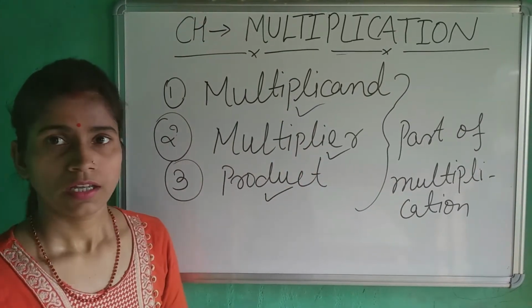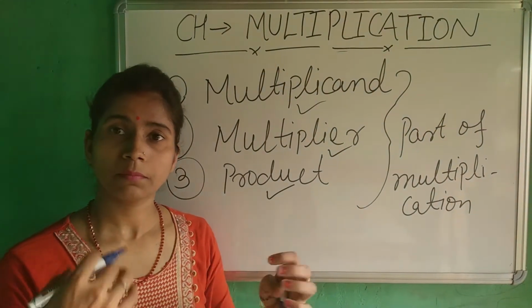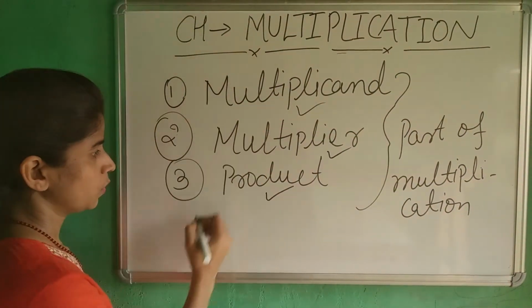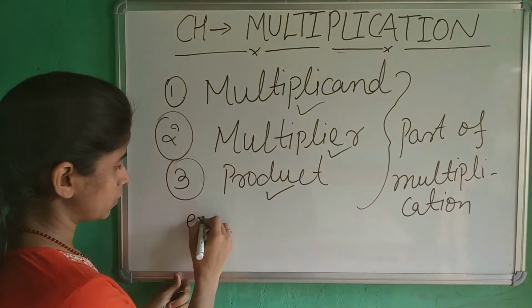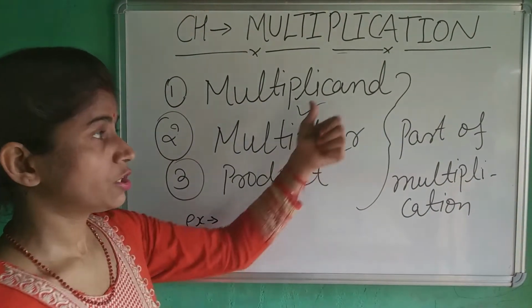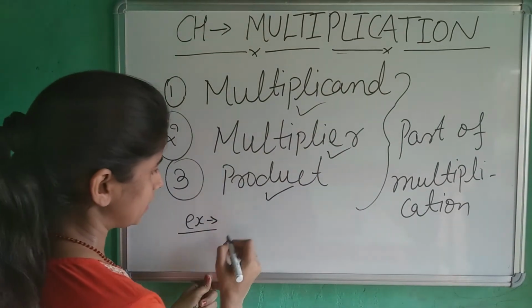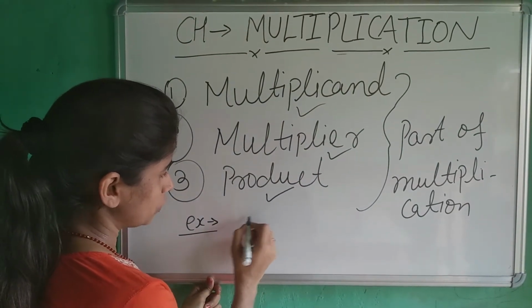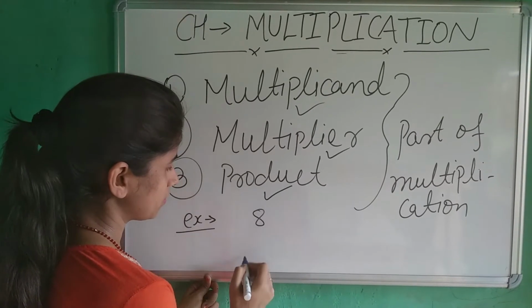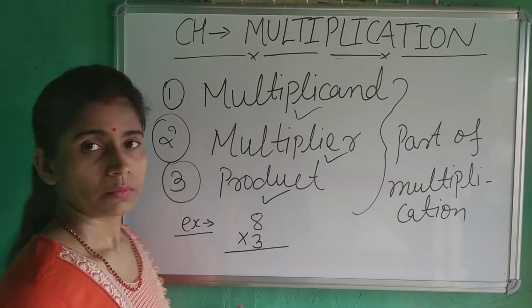Multiplicand is the number that will be multiplied. I am giving you an example for this. The number to be multiplied is called multiplicand. Let's take one example. I am going to multiply 8 by 3. 8 multiplied by 3.